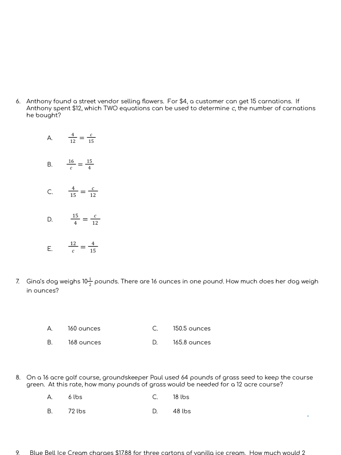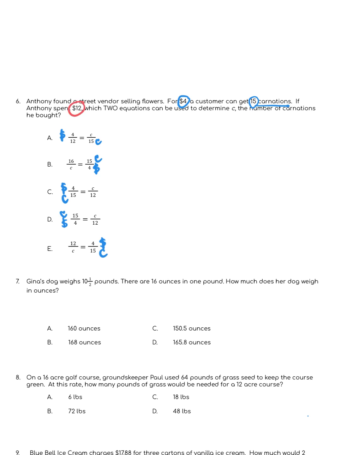So first of all, I know that $4 is going to go with the 15 carnations. So every time I see 4, I'm going to put a dollar sign because that's representing dollars. And then that should go with 15 carnations. So 15, I'm going to put a C. Now it says that Anthony spent $12.